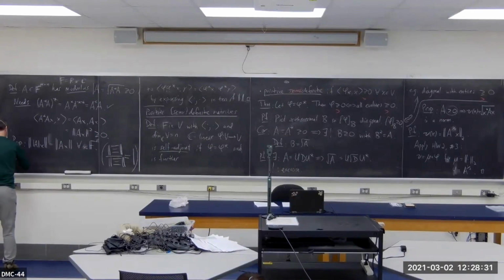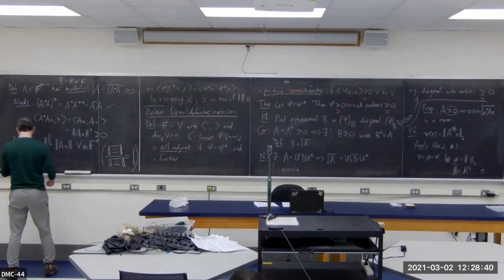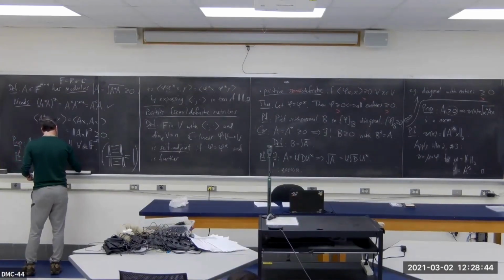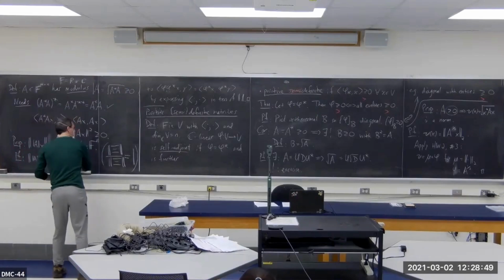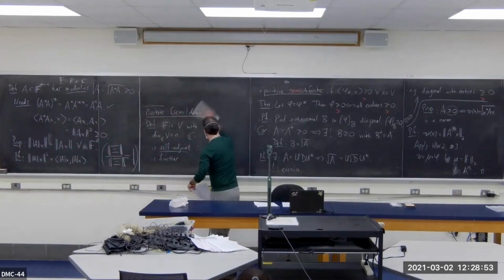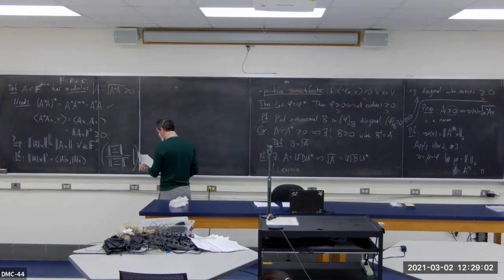Okay, so proof. What is the square length of AX? Sorry, modulus of A times X, modulus of A times X. That equals, so the standard sort of thing to do, right?